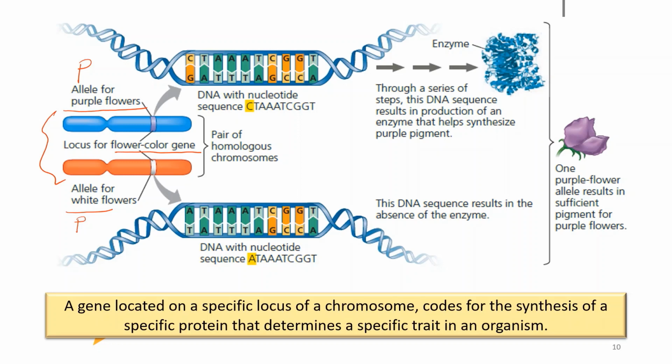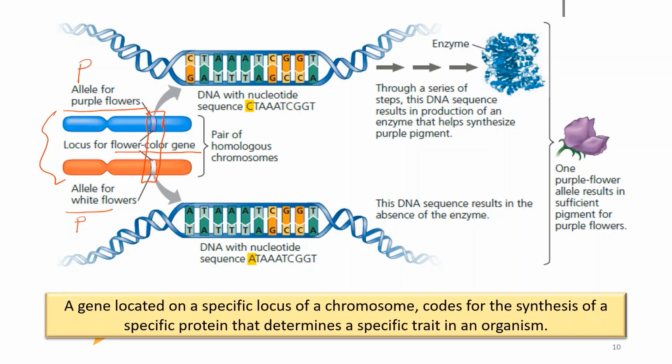So in this diagram, you can see the position of the gene that controls the flower color. The position of the gene is called the locus. Each dominant and recessive allele will have a different DNA sequence, as you can see.